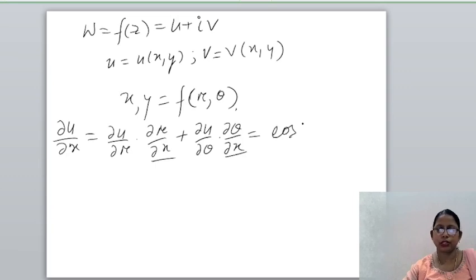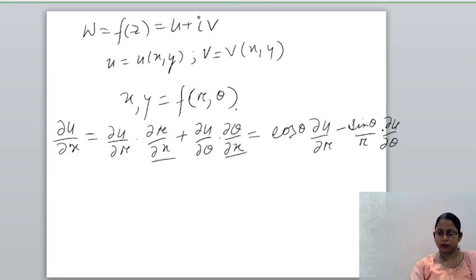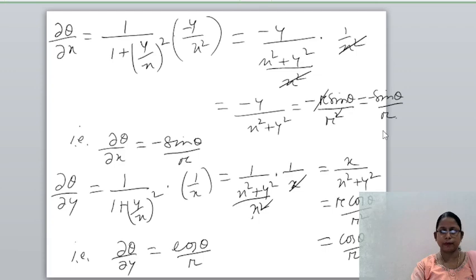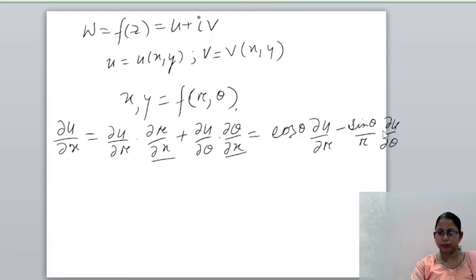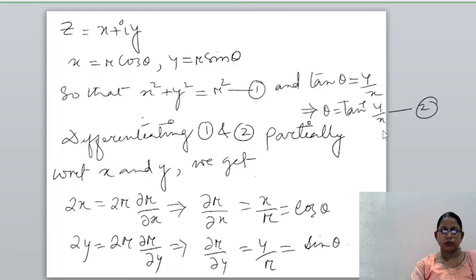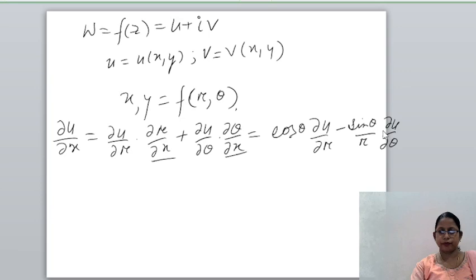It is cos theta del u by del r, and this is minus sin theta by r del u by del theta. Let me check whether we have put the correct value of del r by del x and del theta by del x. Del theta by del x is minus sin theta by r, so this is minus sin theta, and this is cos theta.